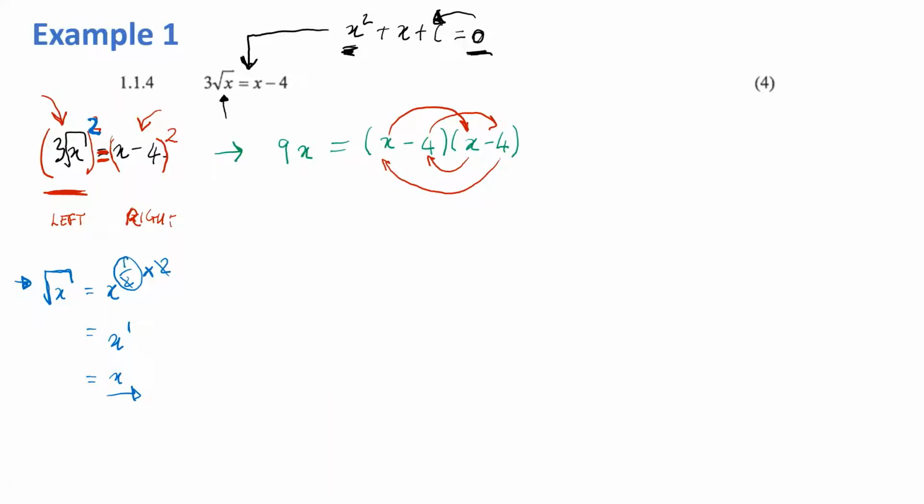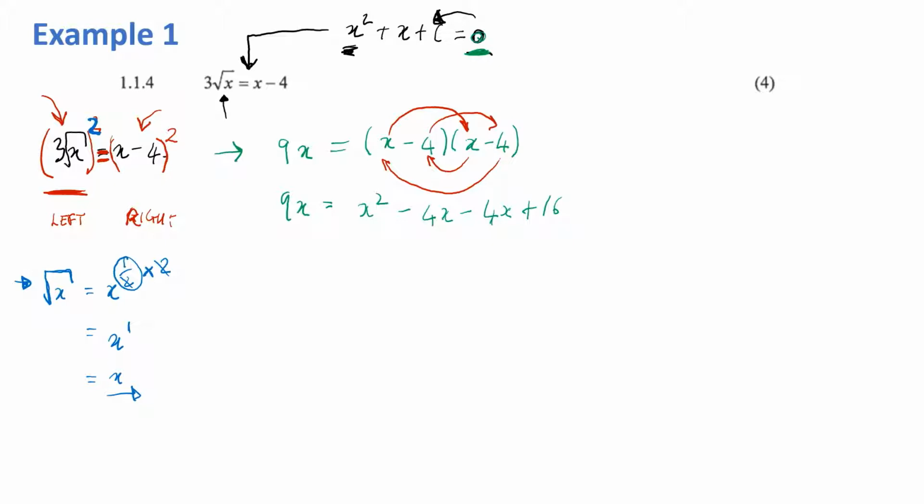So we have, writing this in green today, 9x equals, now help me, x squared minus 4x, minus 4x plus 16. Now, for the next thing, I need to get it in this homogeneous form.